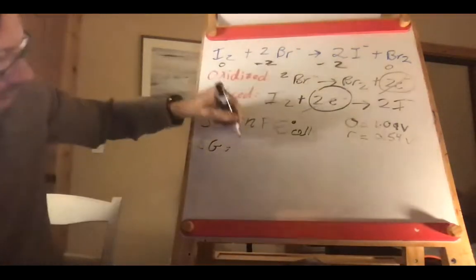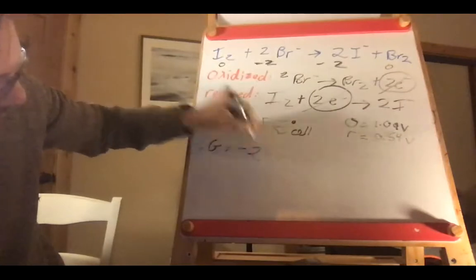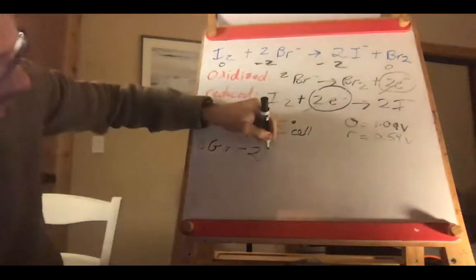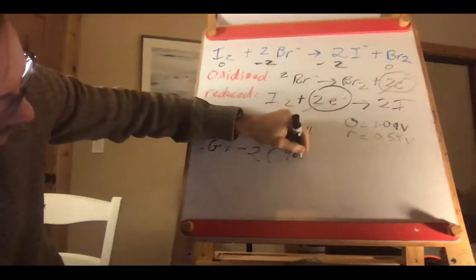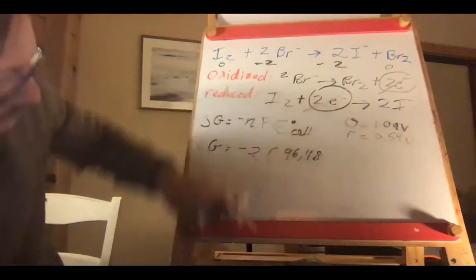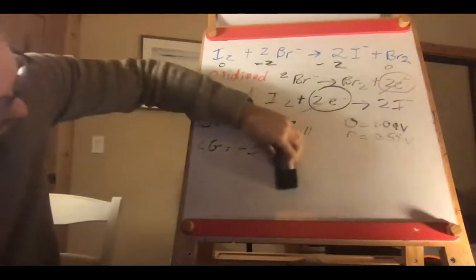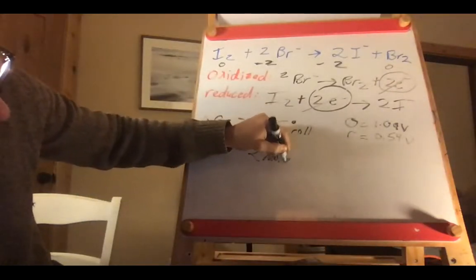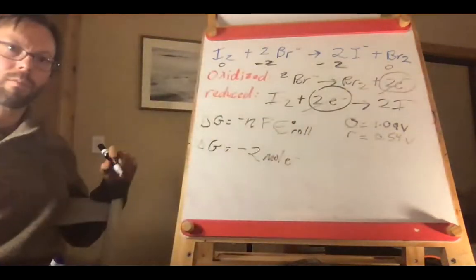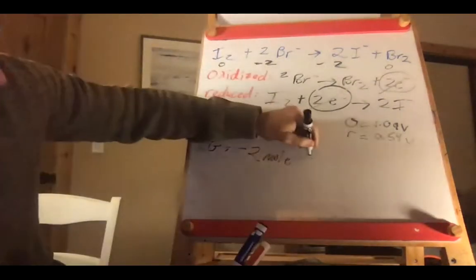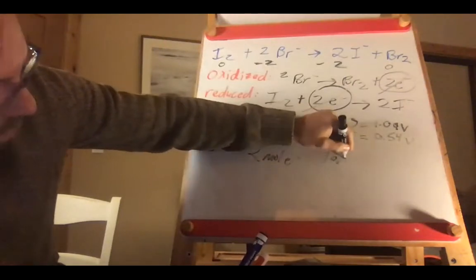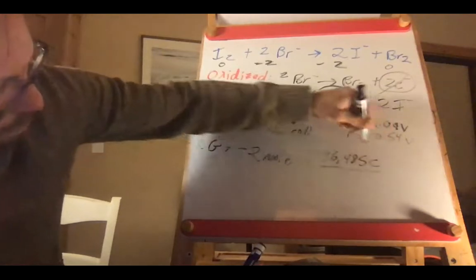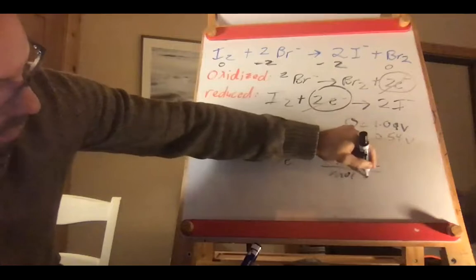So we can say that's a -2 moles of electrons being transferred, times the Faraday constant, which is 96,485 coulombs per mole of electrons.